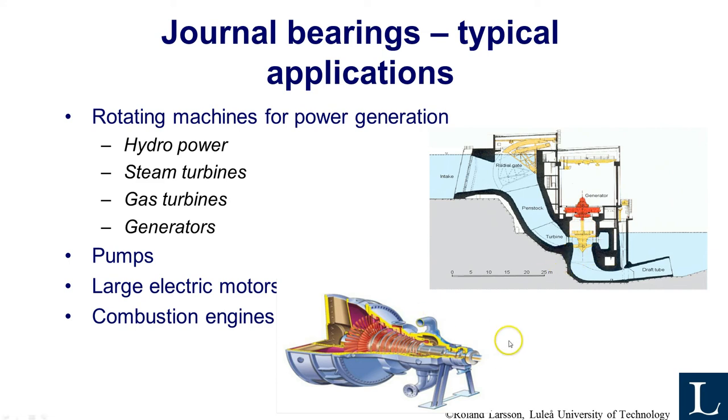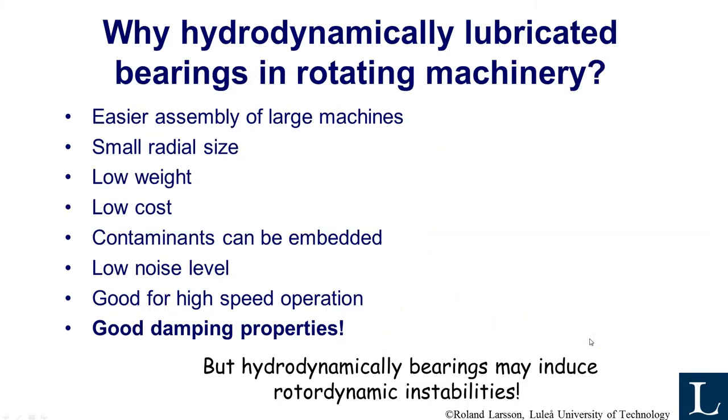In a turbo machinery like a steam turbine, as in this case, which may rotate at very high speeds, could be thousands or tens of thousands of RPM, then you may experience, and this is very common, stability problems, and you must design the bearings to avoid them. So we are coming back to that.